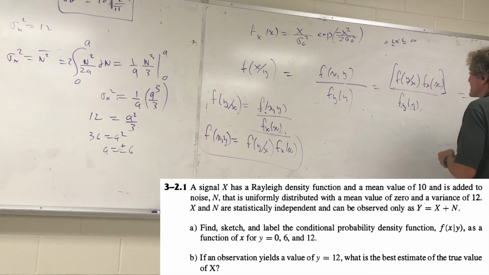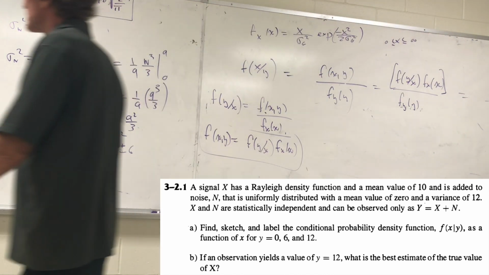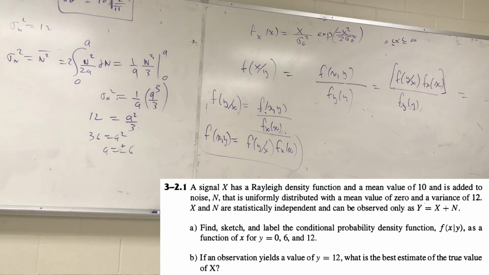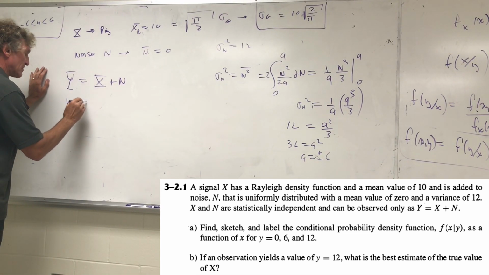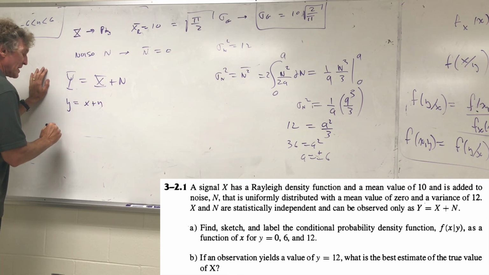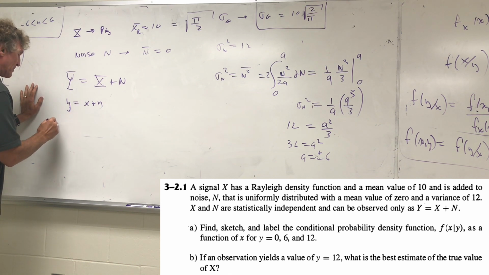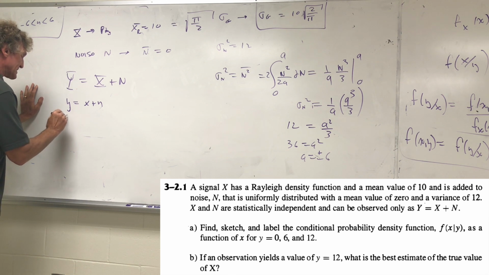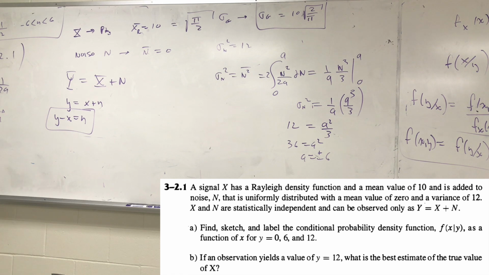Now, going back to this. When we have f of y given x, here's the deal on this one. Y, not random variable, actual variable, equals x plus the value of noise. Therefore, if x is given right here, I have y minus x is the noise. This is the key to this whole problem, in my opinion. Y'all with me?